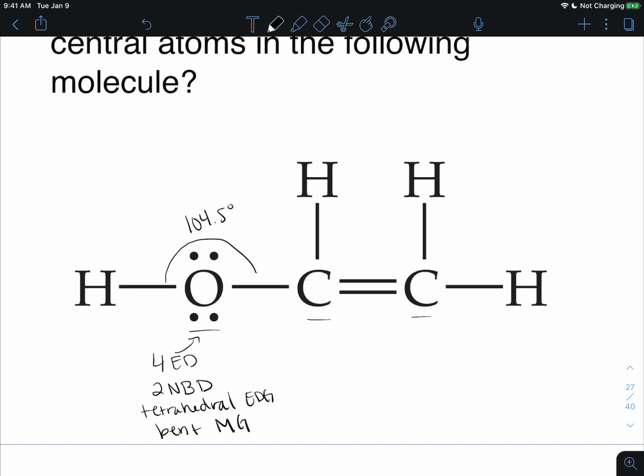104.5 degrees. Okay, our 2 carbons, both of them have 3 electron domains, and they have 0 non-bonding domains. So our electron domain geometry and molecular geometry, both of them are going to be trigonal planar.